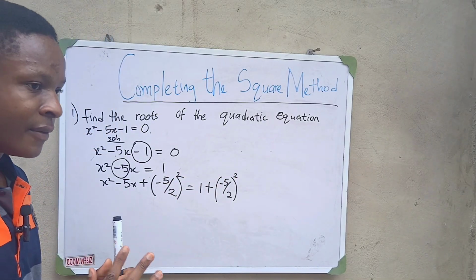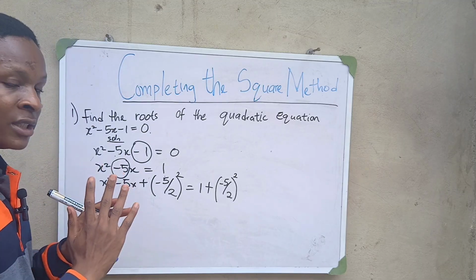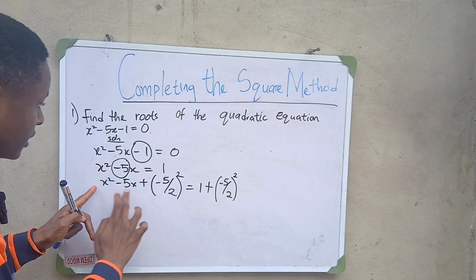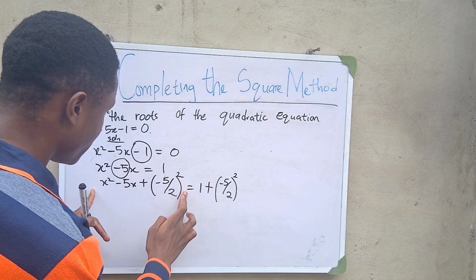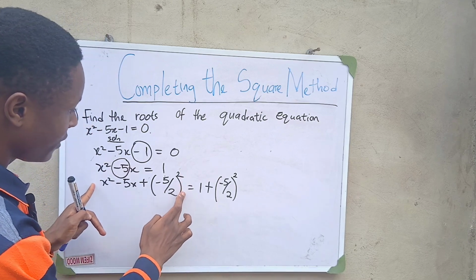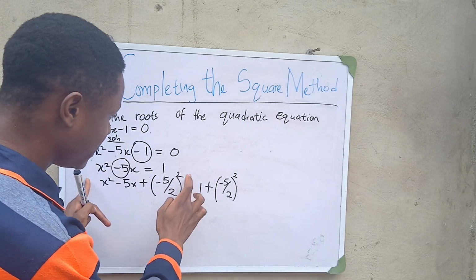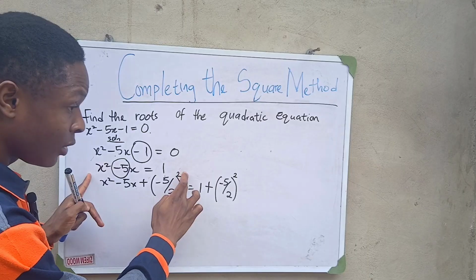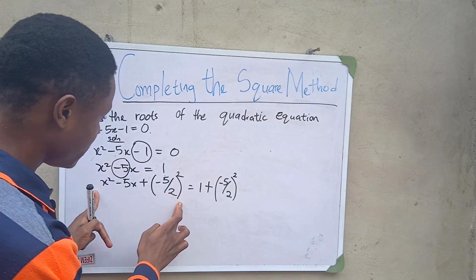This is what we have. The reason we did this was to make this part a perfect square. We have made this a perfect square, so we can now factorize it.